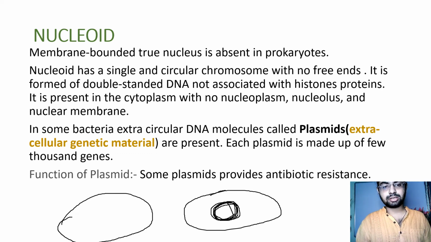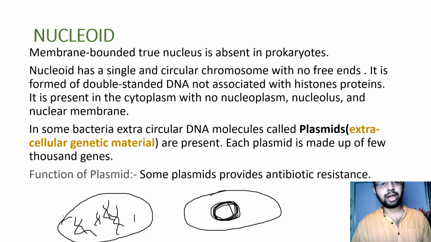So what happens? All the genetic material present in the nucleus is dispersed in the cytoplasm itself. They are not confined in a boundary. So the nucleoid has a single or circular chromosome with no free ends.